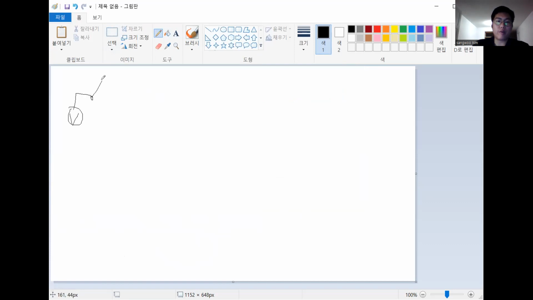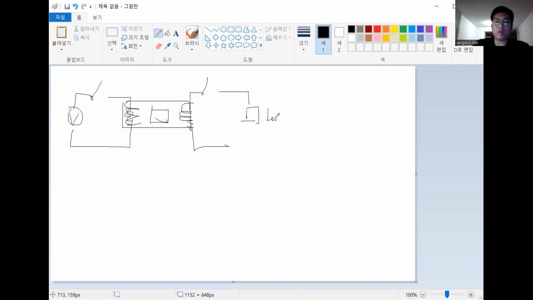This is the transformer, and this is the load. Here is the primary part, and this is the secondary part. At the no load situation, excitation current and inrush current happen.